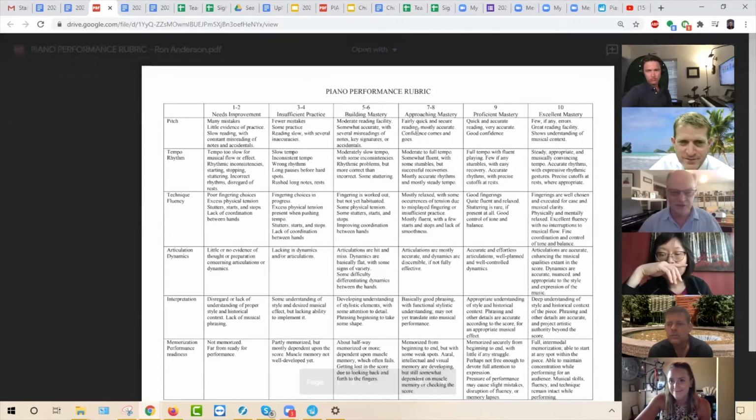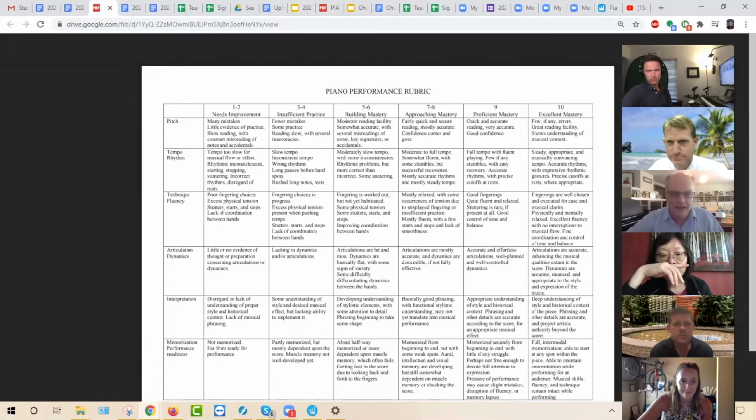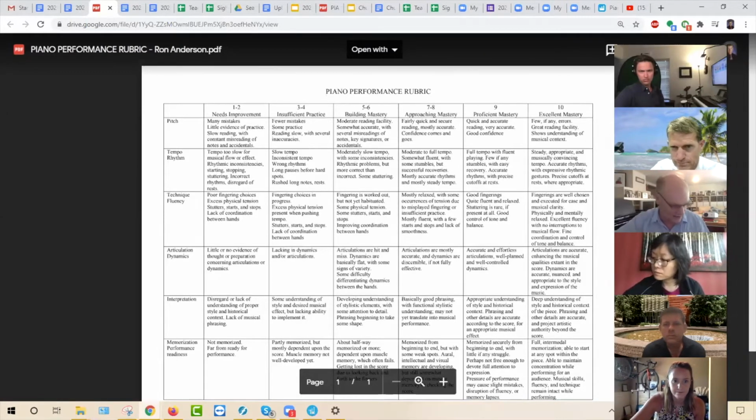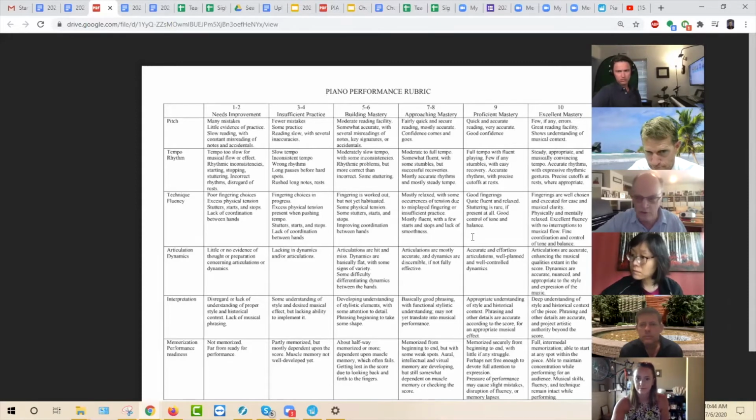But the idea is actually kind of simple. And I'm sure a lot of you have used rubrics or have been in classes that use rubrics. The main thing is this is not technological, it's very old school.